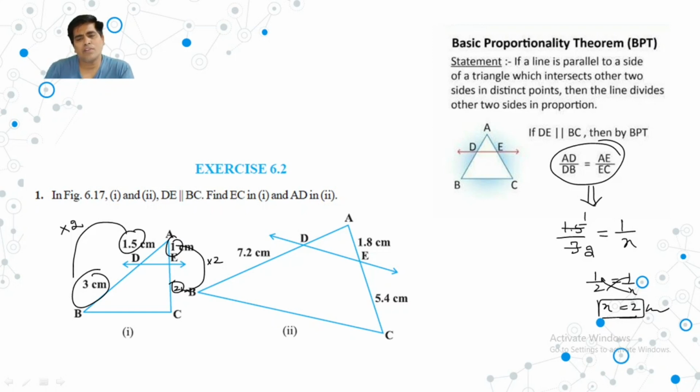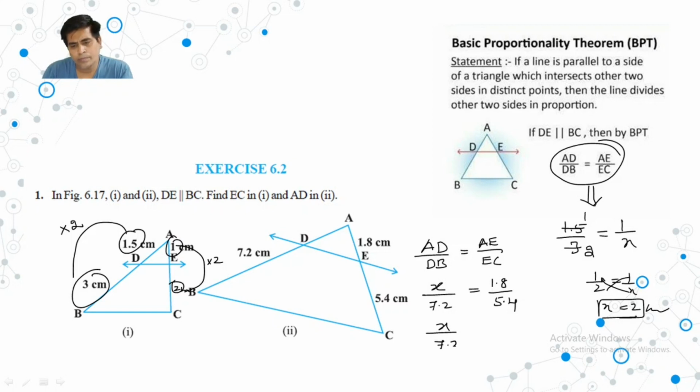Again I will use the same formula. AD by DB is equal to AE by EC. So substitute it. AD value I don't know, so I am taking it as X. DB 7.2 is equal to AE 1.8 by 5.4. So X by 7.2.